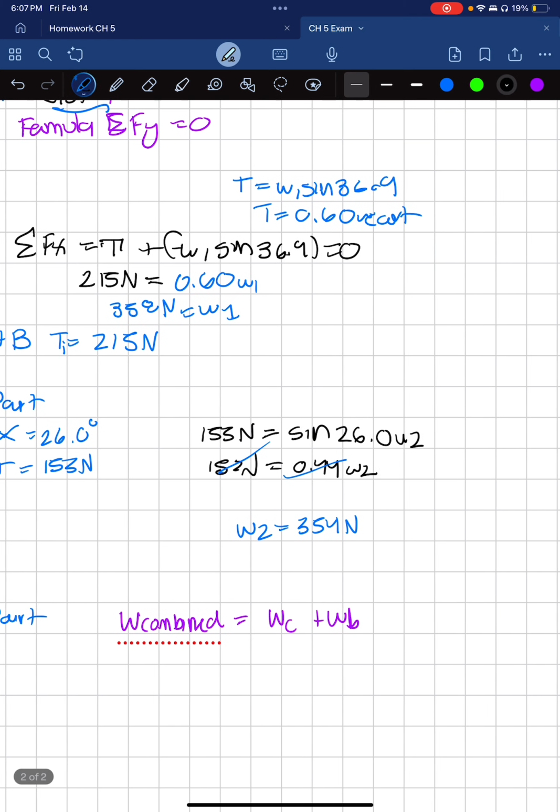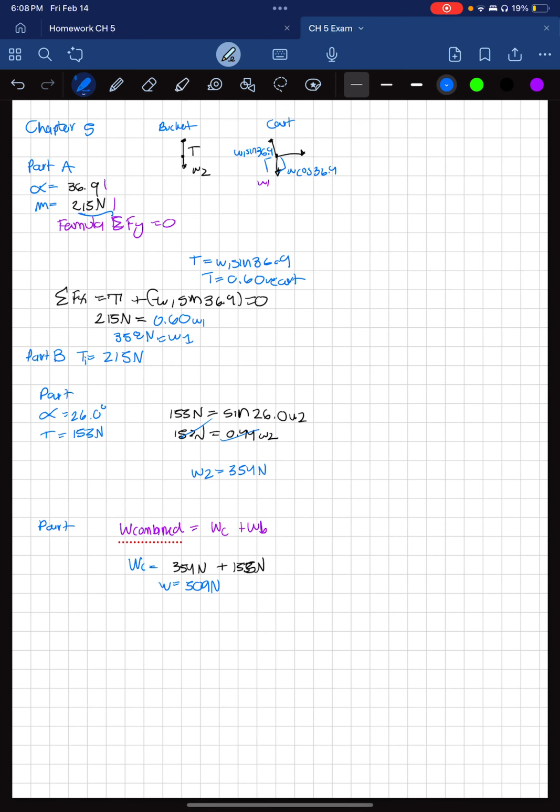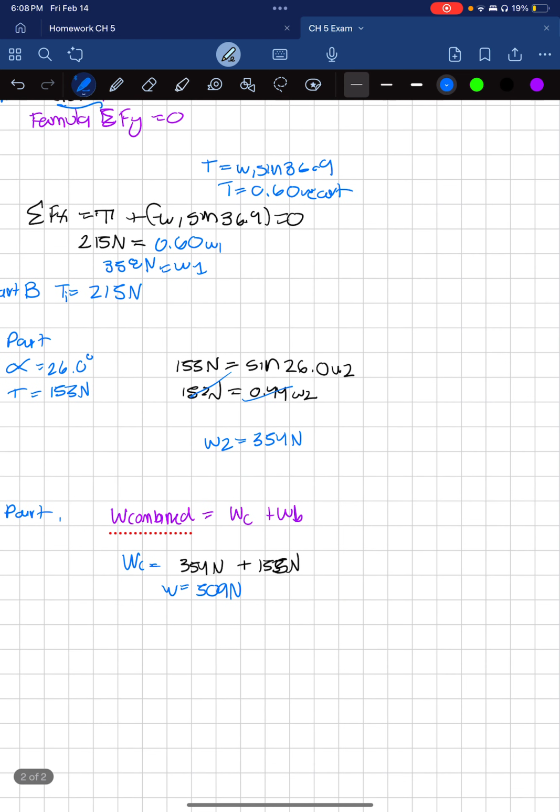So for that, the combined weight is gonna be 354, which is what we got previously, plus what we got in the last one, which was 155 newtons. And this is gonna give us 509 newtons, which is gonna be the combined weight for both of them. This was for part D.